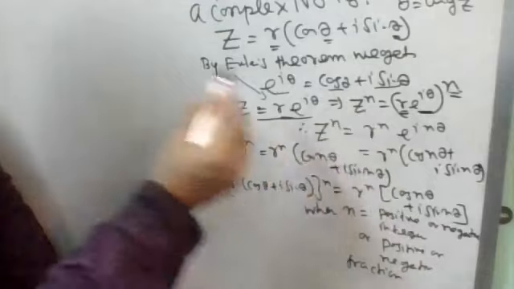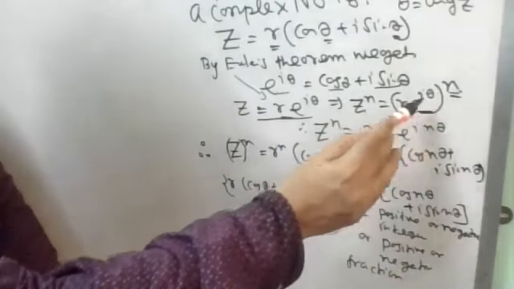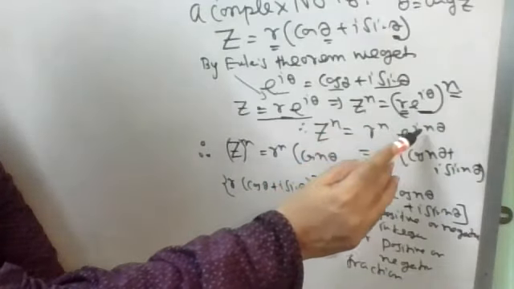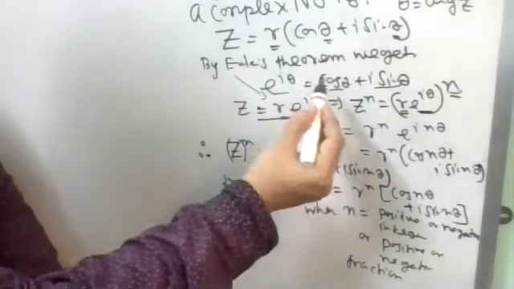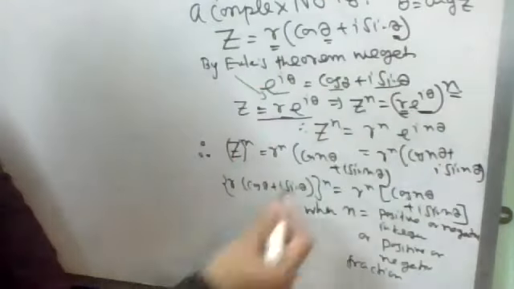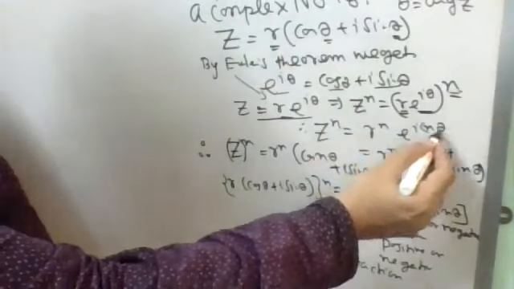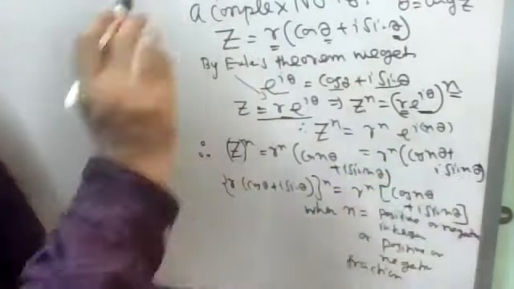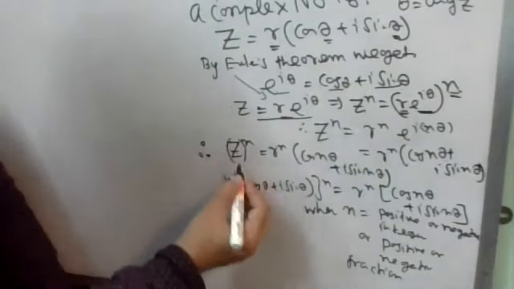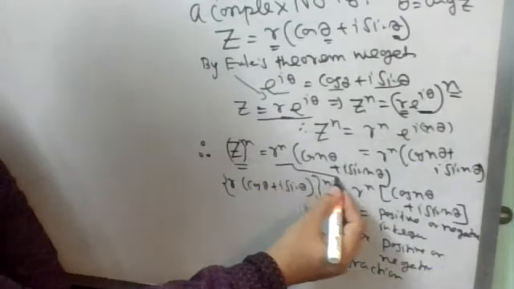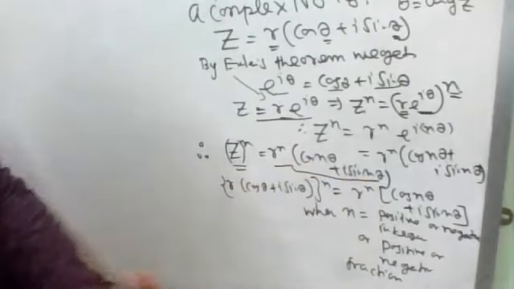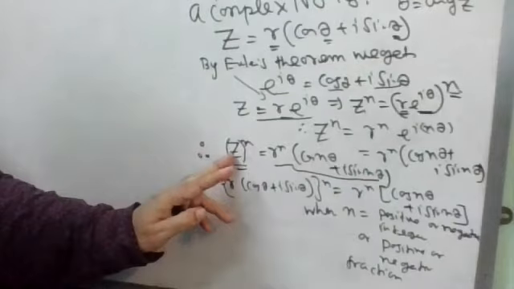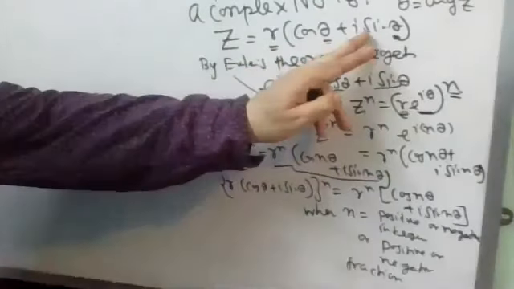This z to the power n will remain, and this n is the power of r as well as e to the power i n theta. Now, as e to the power i theta is cos theta plus i sin theta, so e to the power i n theta will be cos n theta plus i sin n theta. z is r (cos theta plus i sin theta) whole to the power n.